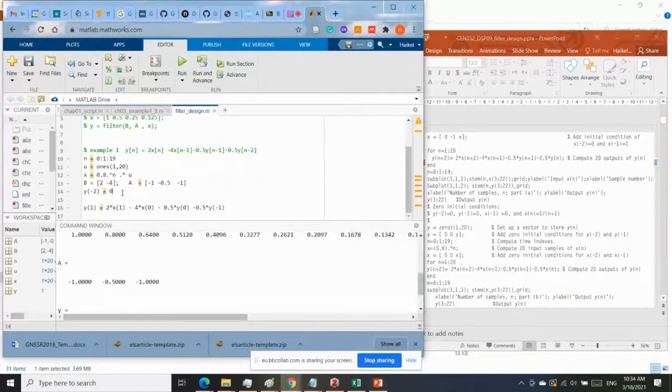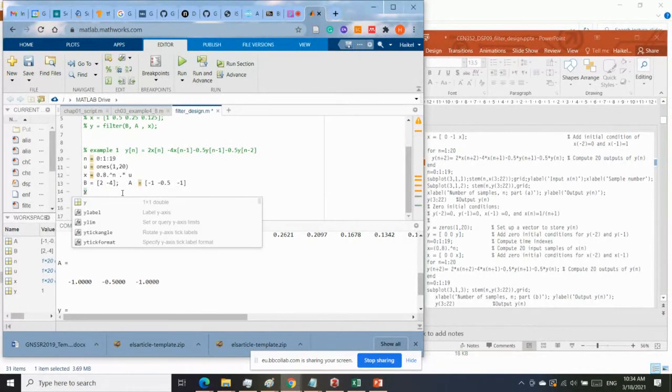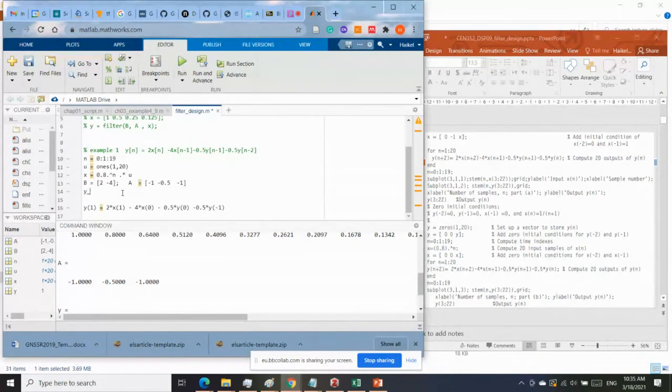Let's assume there is minus 2 is 0, minus 1 is 0, also 0 for x minus 1.